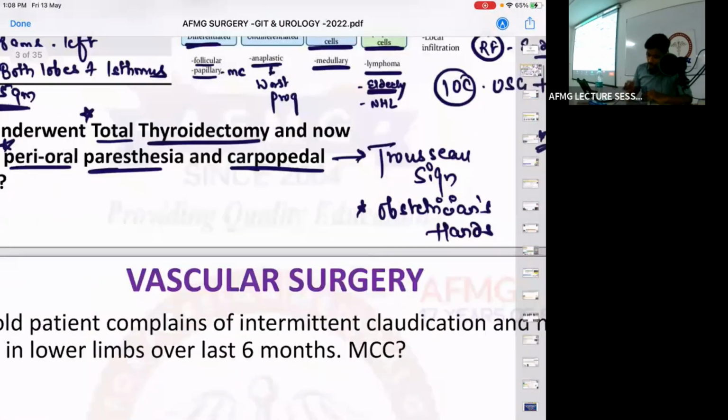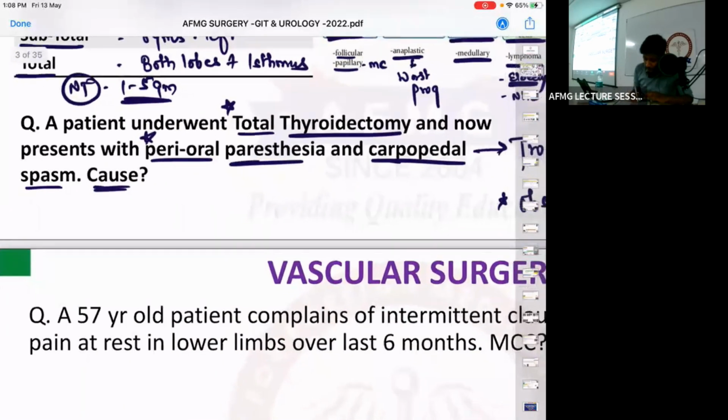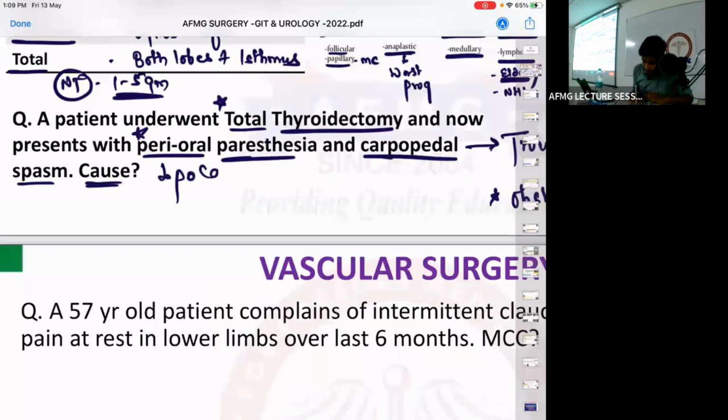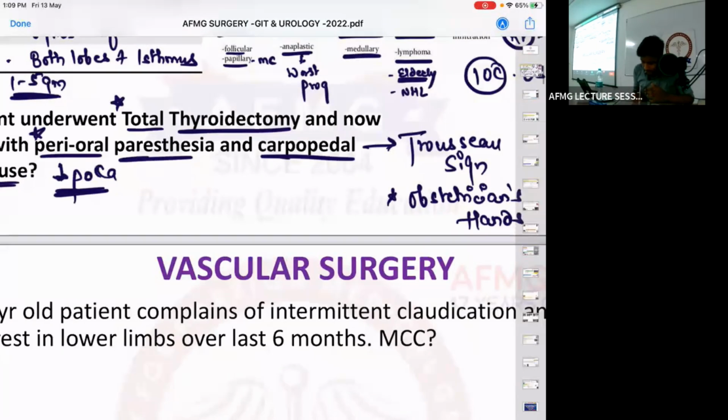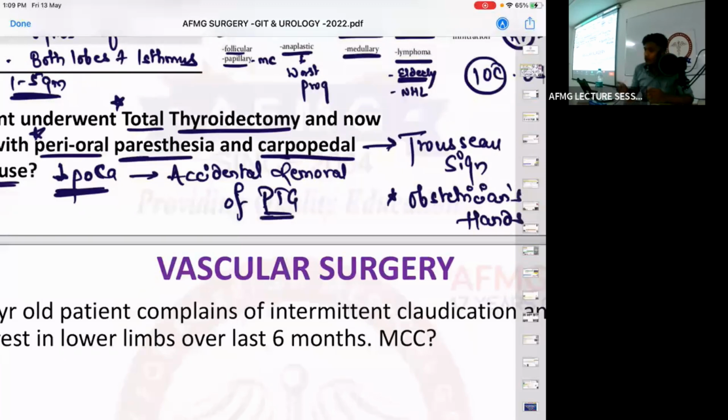Okay. So hypocalcemic features after a total thyroidectomy are usually due to what? It is due to accidental removal of which gland? The parathyroid gland.